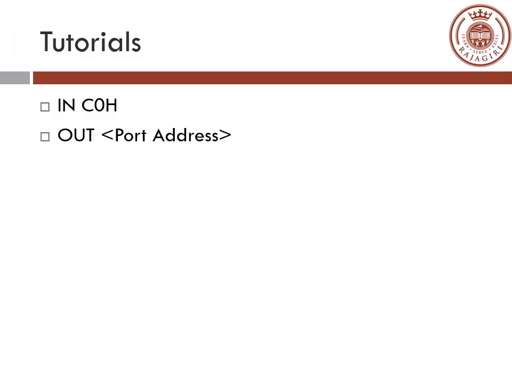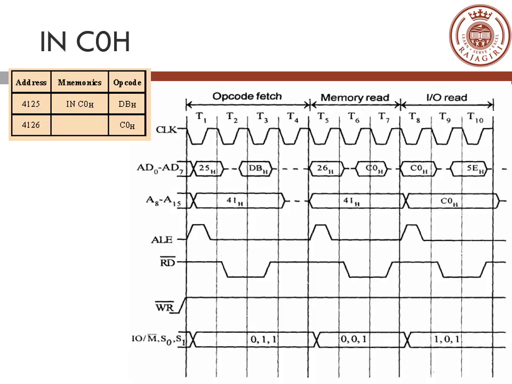So we have seen 2 examples of the instruction cycle. As a part of the tutorial you can find out the instruction cycle and the timing diagram of the IN as well as the OUT instructions. In the presentation you can see the details. You can analyze it and find out the number of T states and the number of machine cycles required for the IN instruction as well as the OUT instruction.